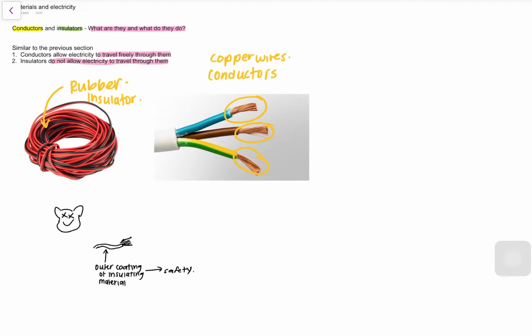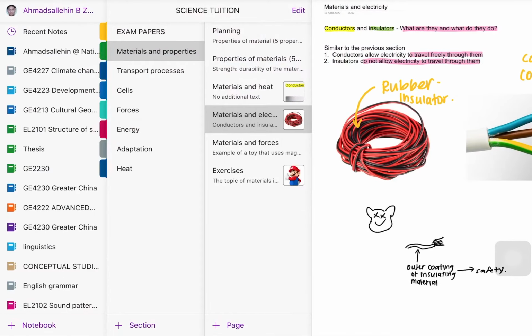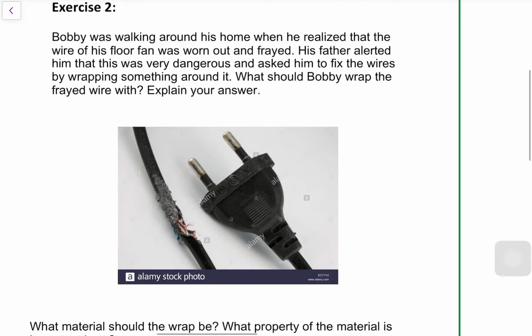Alright, so now we will take a look at a question before we end off this video. Let's take a look at exercise 2. Bobby was walking around his home when he realized that the wire on his floor fan was worn out and frayed. His father alerted him that this was very dangerous and asked him to fix the wires by wrapping something around it.